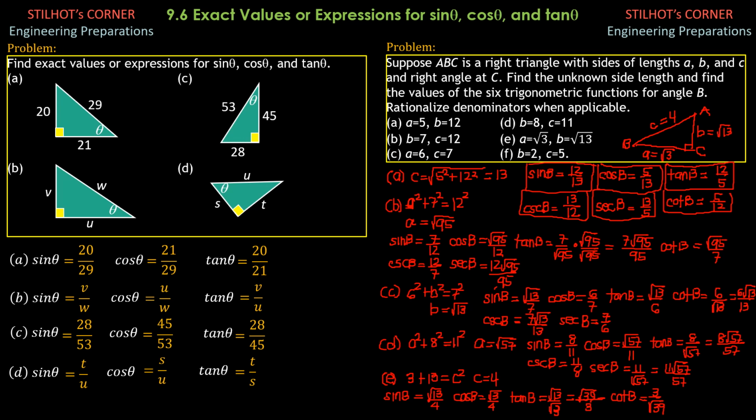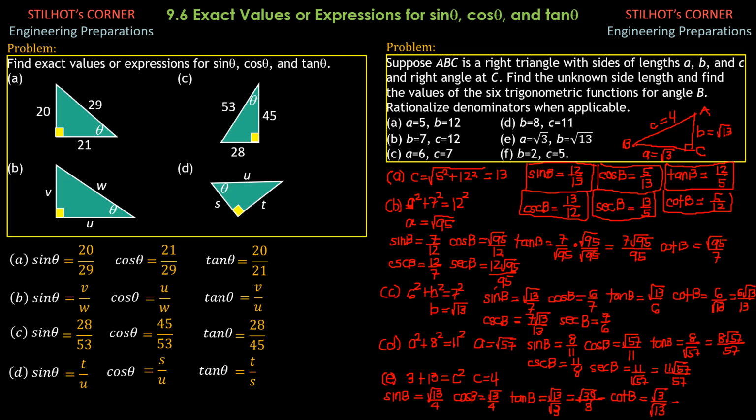So let's have it reciprocal of tangent B. So square root of 3, or adjacent, over opposite, square root of 13.